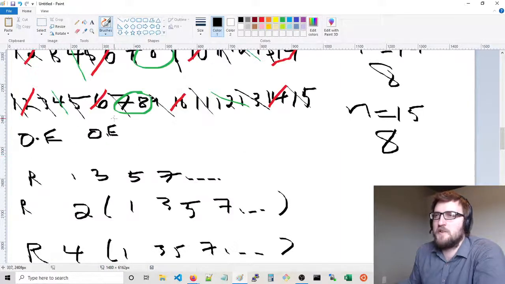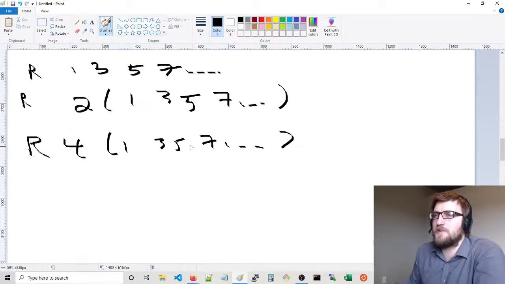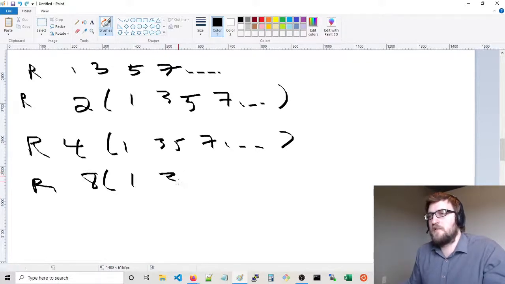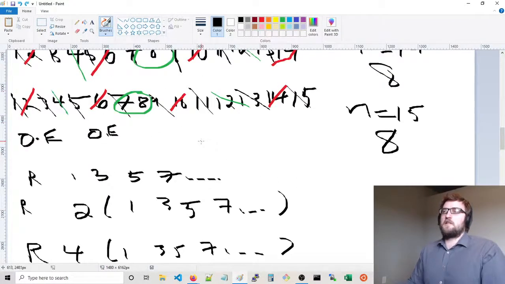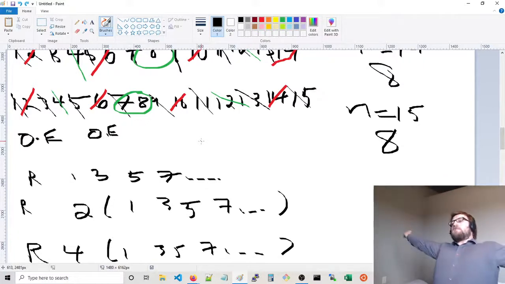Right, this is 4, 12, etc. Then I think we're going to remove 8 times the odd numbers. And it looks like we could do this in logarithmic time then. Probably do this in logarithmic time.